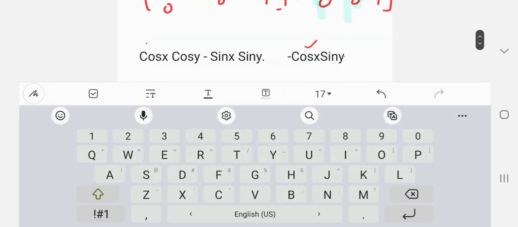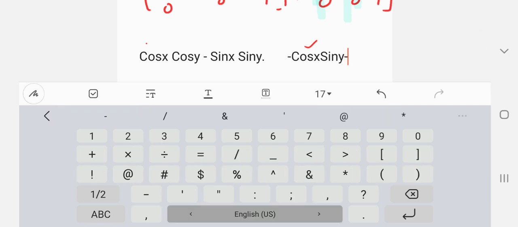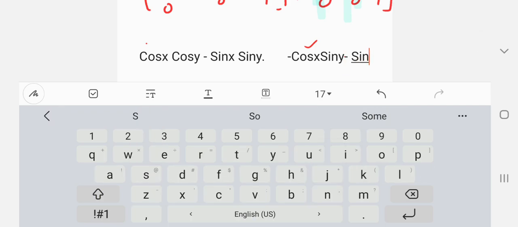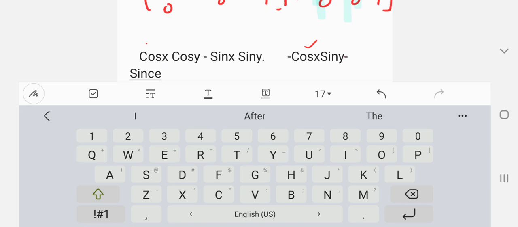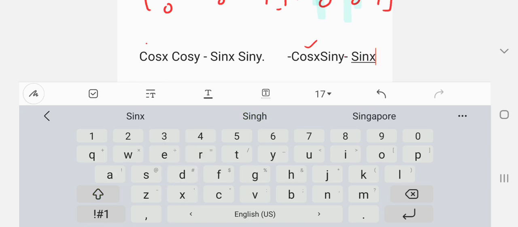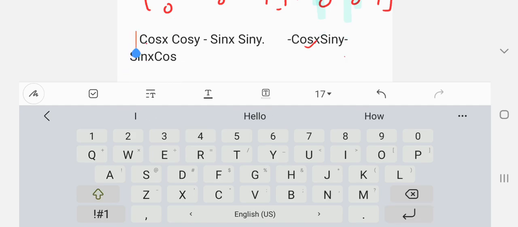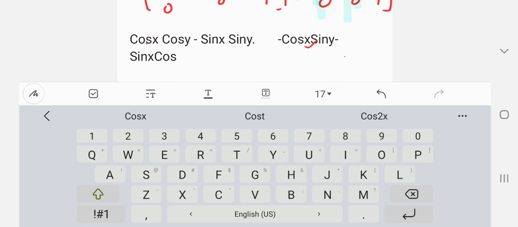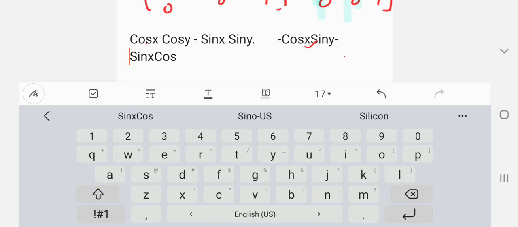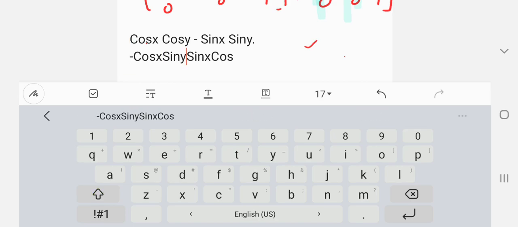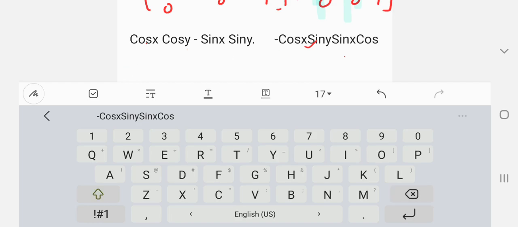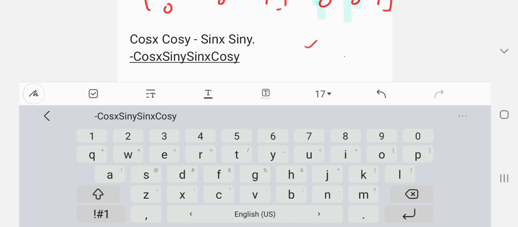So let me write it here: minus sin x cos y.